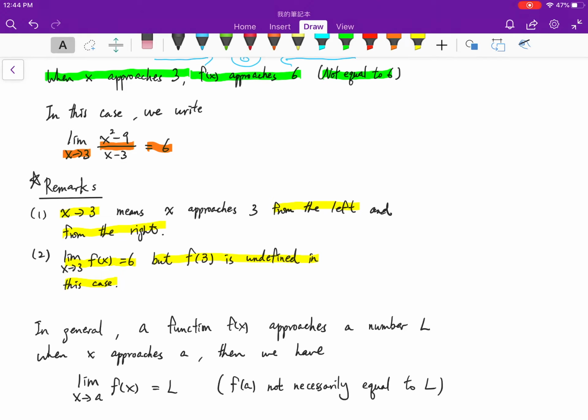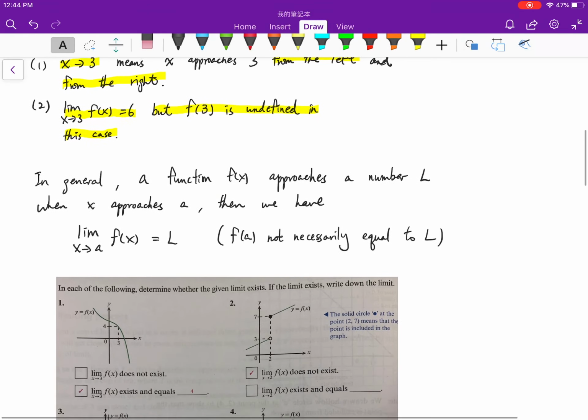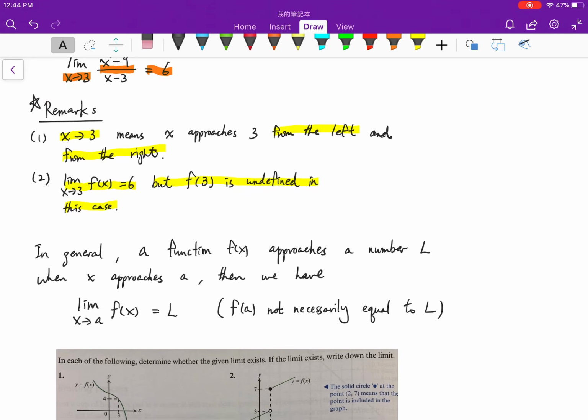So in general, a function f(x) approaches a number L when x approaches a, then we write the limit as x approaches a of f(x) equal to the value L. It is very important, so I remind you once again, f(a) is not necessarily equal to L. Just in the case we discussed before, f(3) is undefined but not equal to 6 in that case.